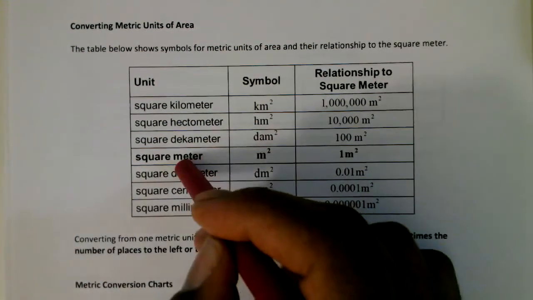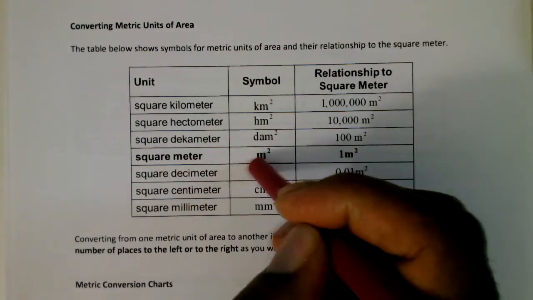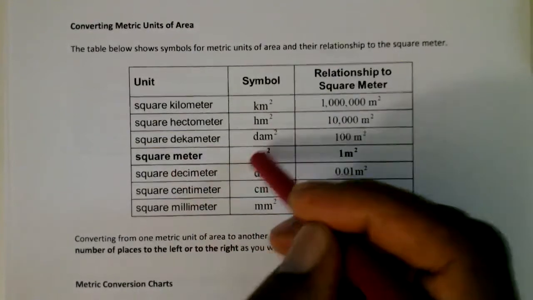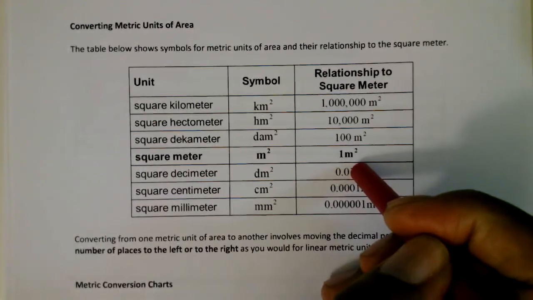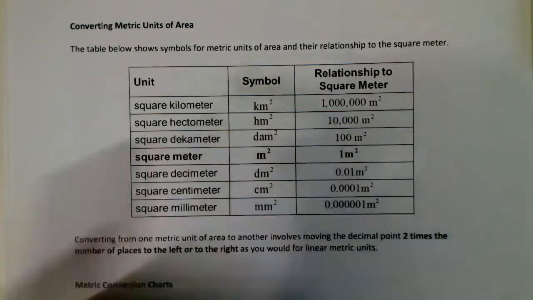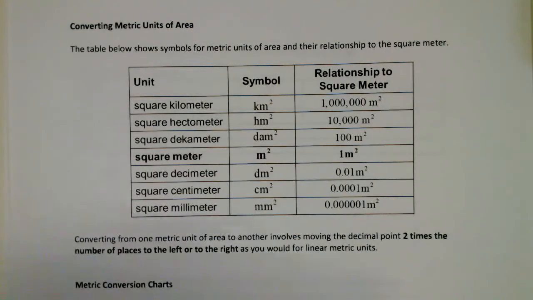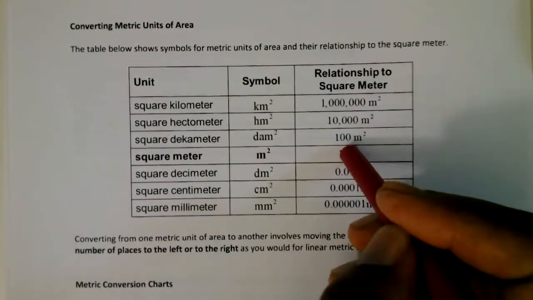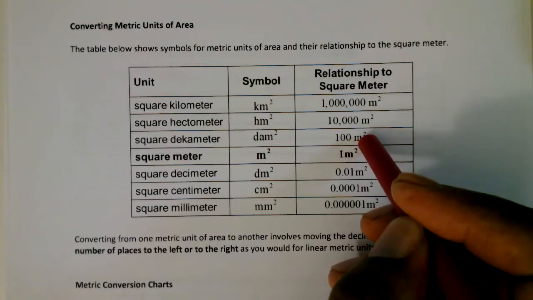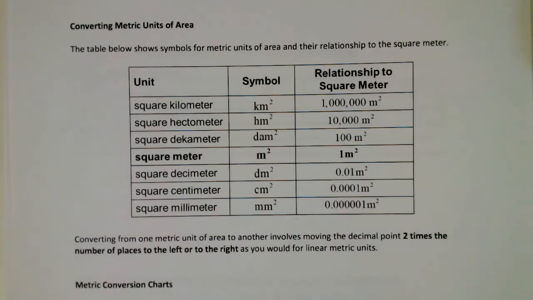Here the basic unit would be the square meter, meter squared, and the relationship for that would simply be 1 meter squared. Now for the square decameter, that's the symbol for that, and here it is going to be 100 square meters. Usually decameters would be 10, but we're squaring it, so it's going to be 100 square meters.